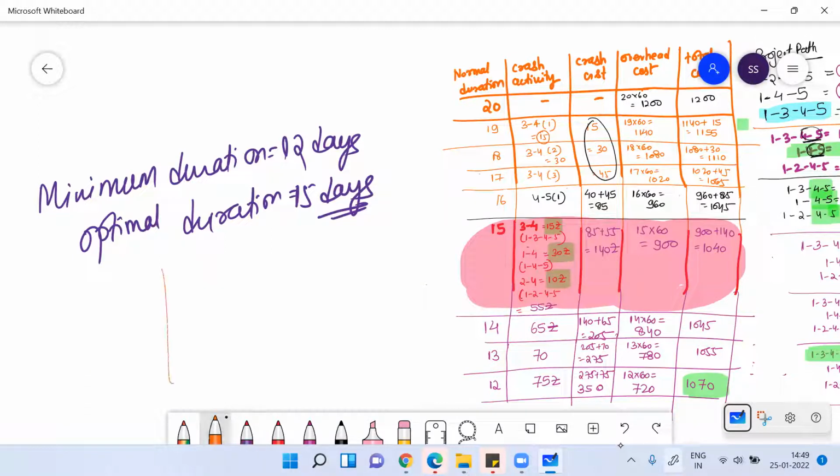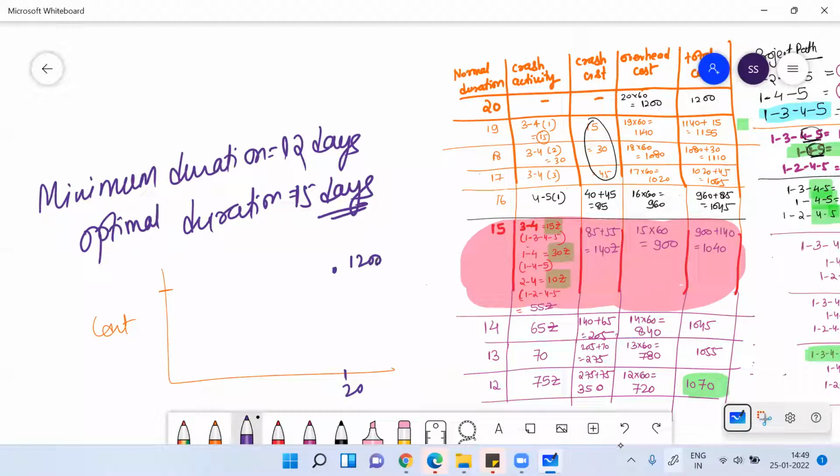If you plot the graph of this, on 20 days your cost was like this much, 1200.